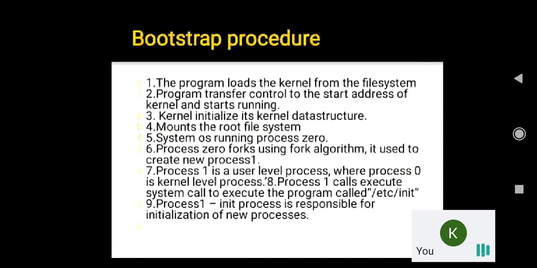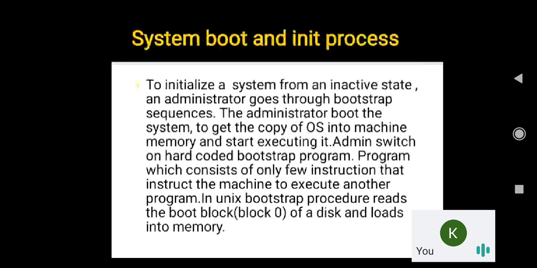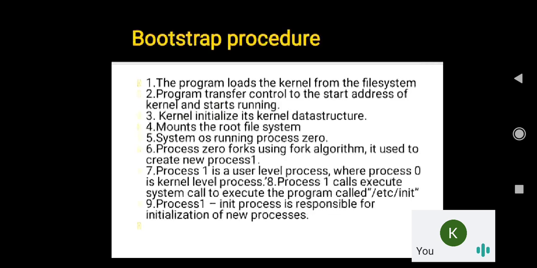We have various data structures in the kernel, like the U area, the region table, the process table entry, the file table and the file descriptor table. We have various data structures to manage your files and processes. Those we call kernel data structures.